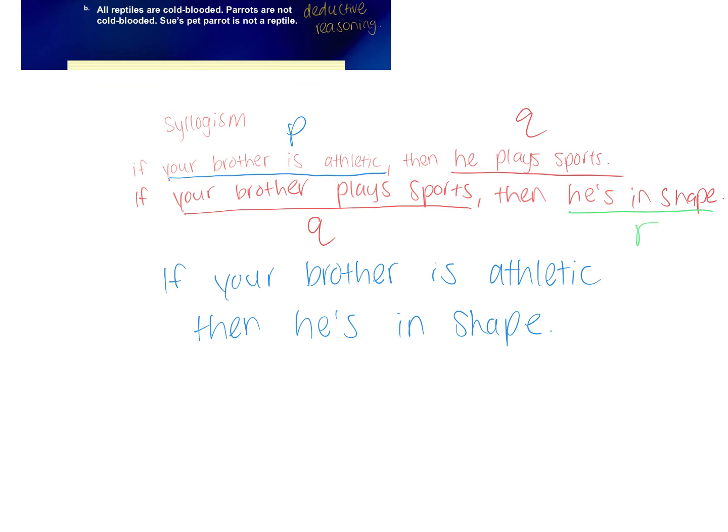Excellent. So when we're using the law of syllogism, we go straight from what to what? P to R. You take out the Q. So you can jump straight from the original hypothesis down to the last conclusion. So if your brother is athletic, then he's in shape.